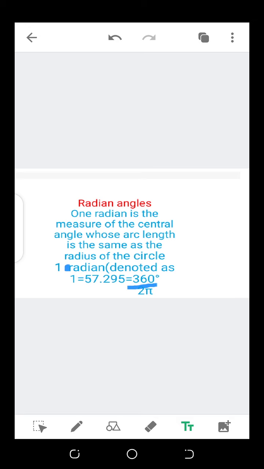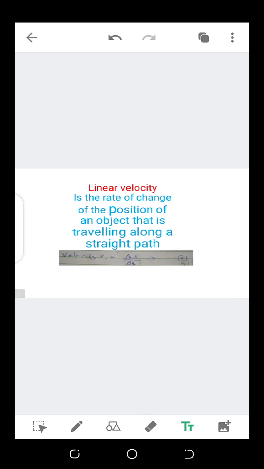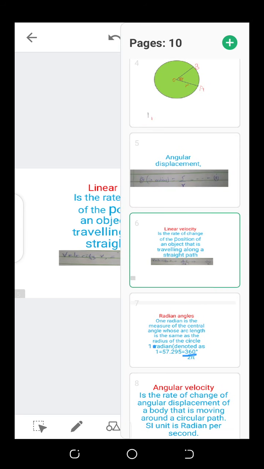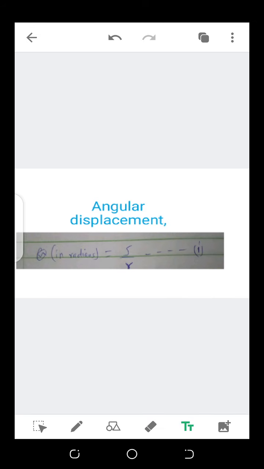In other words, our theta will turn to be S divided by r, because I'm assuming that 360 over 2 pi is 1 radian, and then our theta becomes S over r because 360 over 2 pi is just 1. That's what we were doing here in this one. So we said theta in radians is S over r, and I have derived the same.